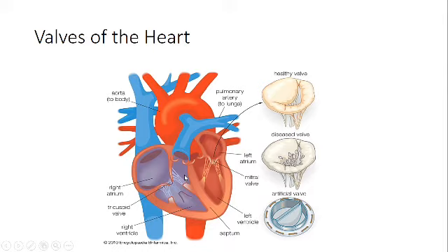So when you hear semilunar valves, we are talking of the aortic valve, the pulmonary valve, and the valves leading the inferior vena cava and the superior vena cava, and the pulmonary vein into the heart. The bicuspid and the tricuspid valves are otherwise known as the atrioventricular valves. In the course of this study, we'll refer to them as the AV valves.